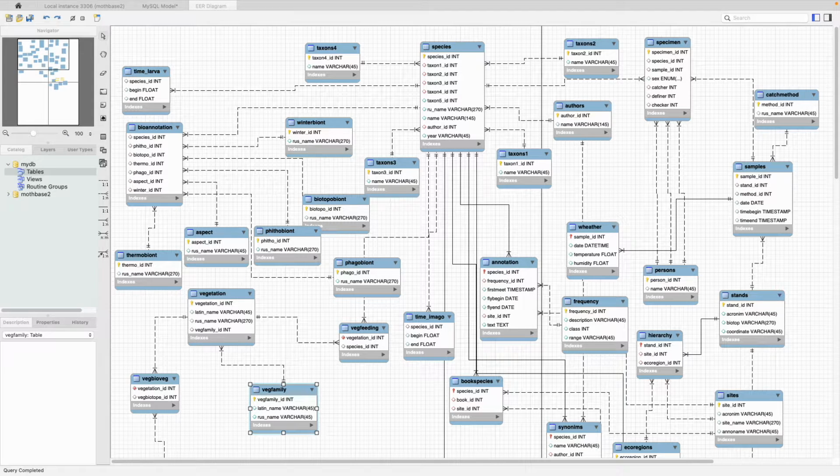How my database works. There are four main parts in my database. The main part is data of specimen.